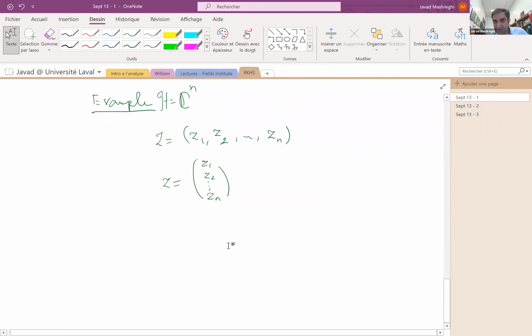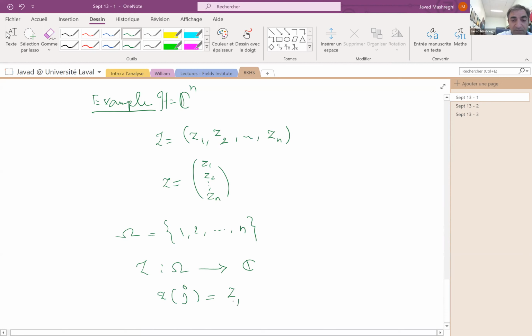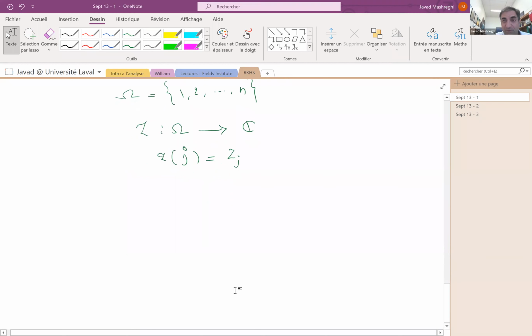But let's look a bit differently at C^n. Consider the set omega equal to 1, 2, 3 up to n, a finite set. And instead of saying that z is a vector of dimension n, say that z is a function on omega with its value in C, and at point j, z of j is the same as we had before, the j-th component. So in this way, we look at elements of C^n as functions.